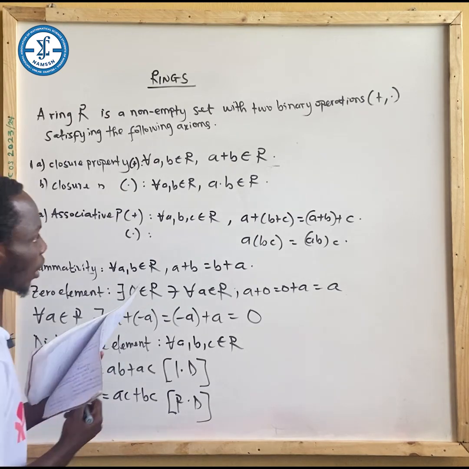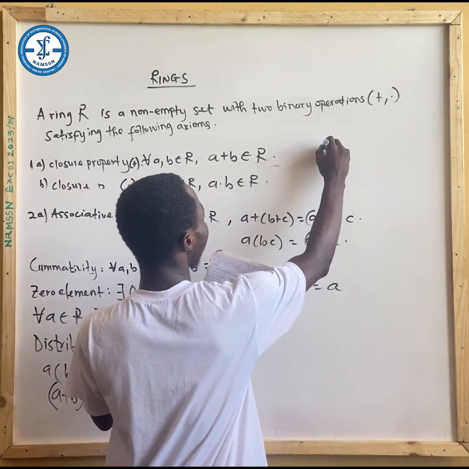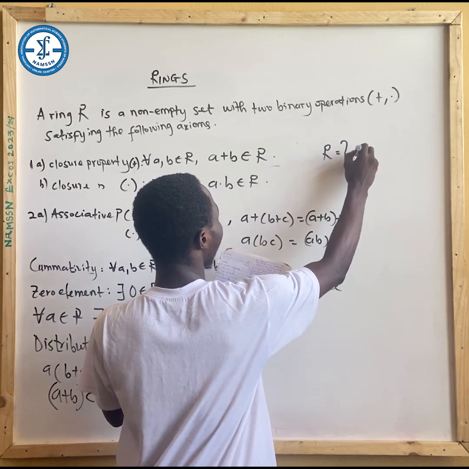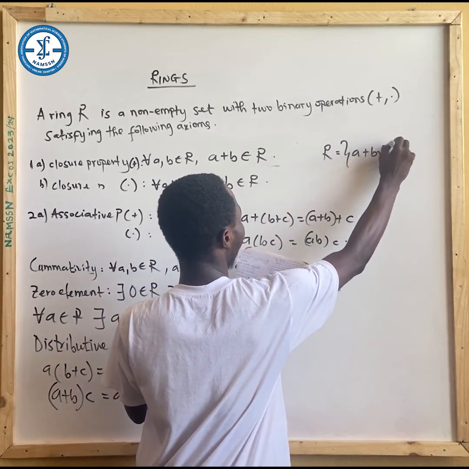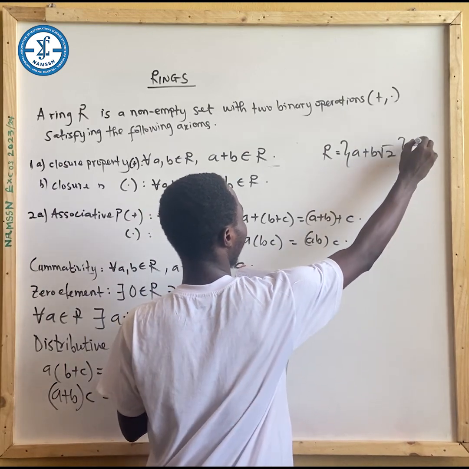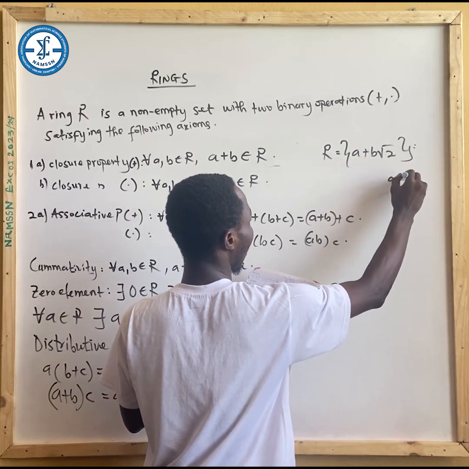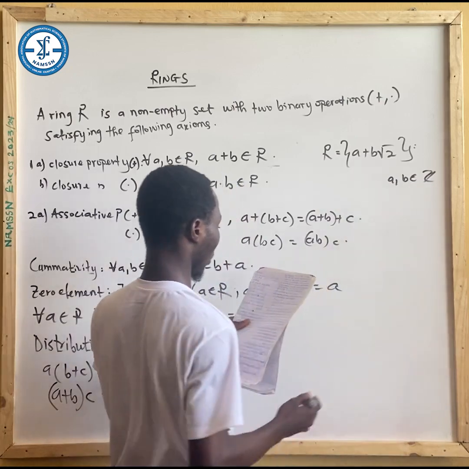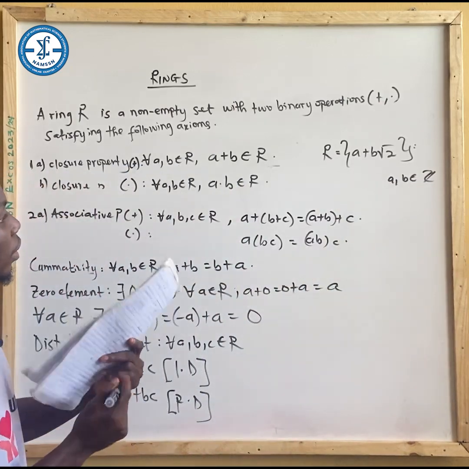show, let's take for example, we are given the set R = {a + b√2 such that a and b are integers}. Show that this is a ring.